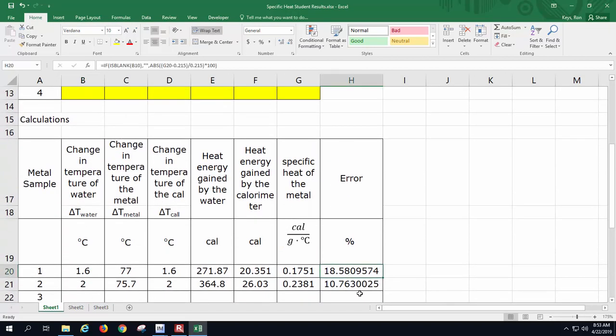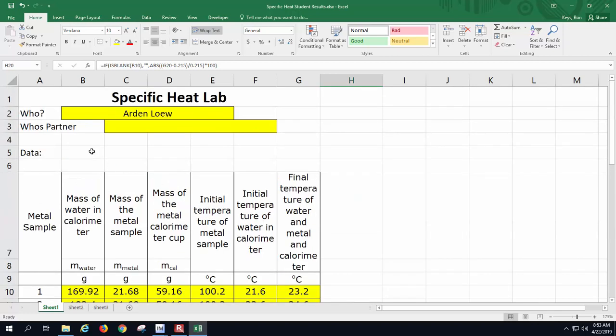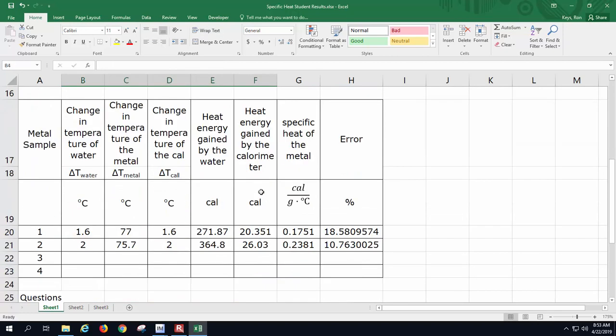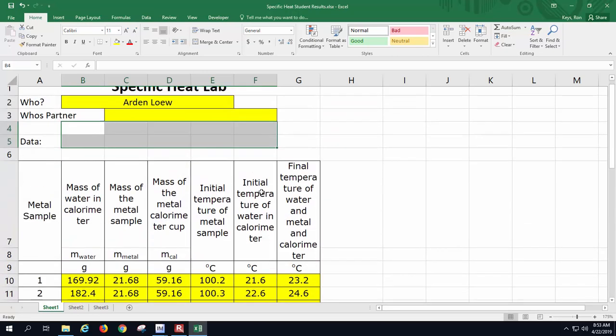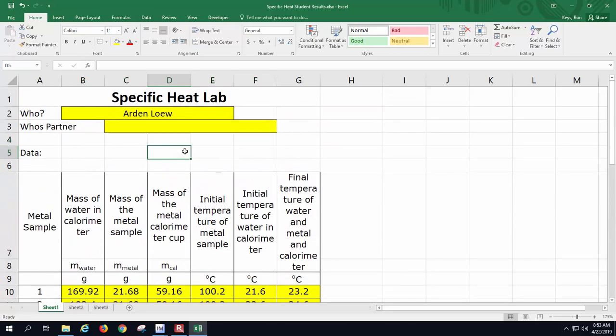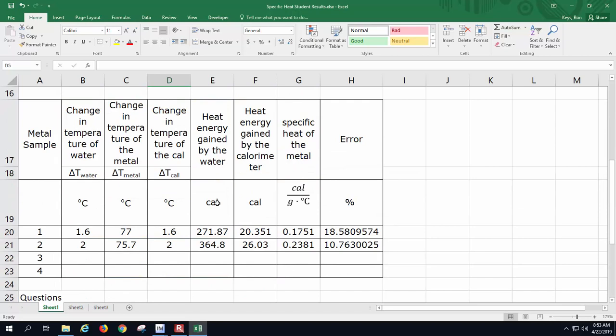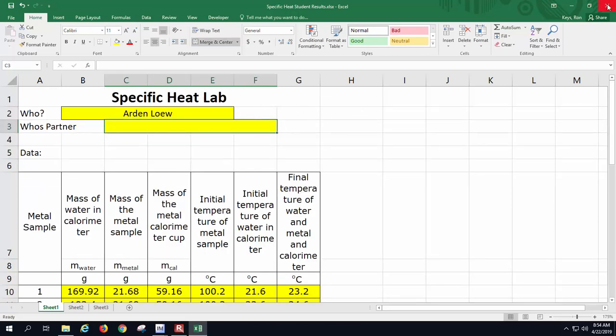Percent error on this is, so I must have identified what metal here. We were supposed to get 0.215, so whichever metal's 0.215. I think I got an updated spreadsheet, but anyway, it should work out well. So print out the lab. I'll check to see if I have another spreadsheet.